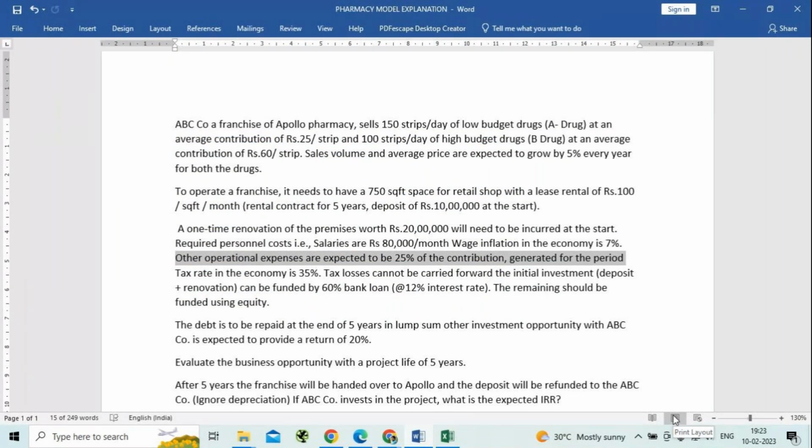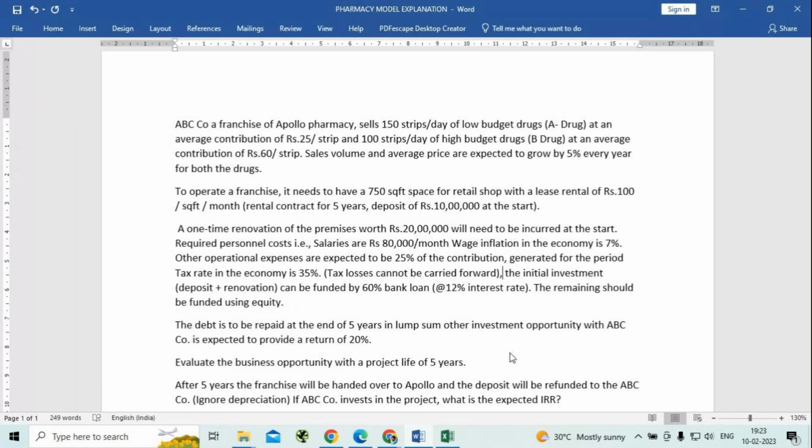The initial investment, that is the deposit and renovation value, is funded by 60% on a bank loan, where the interest percentage is 12%. The remaining should be funded using equity value.